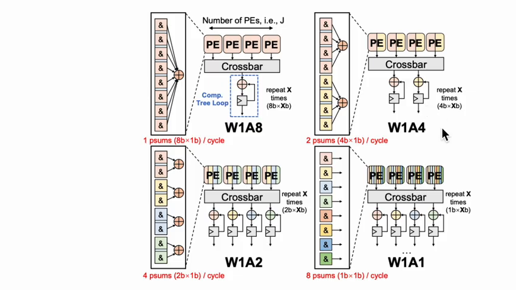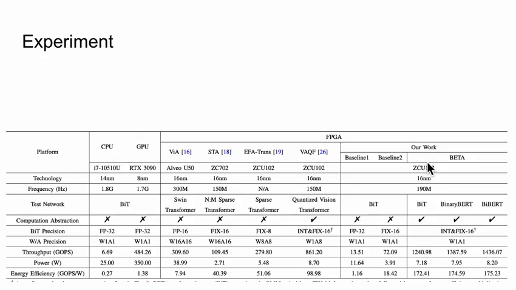In a 4-bit weight and 4-bit activation mode, like 4x4, the PE processes one operand bit by bit across 4 cycles to generate a final result. The flexible PE design enables BETA to efficiently handle different QMM types and activation precisions while maintaining high throughput.